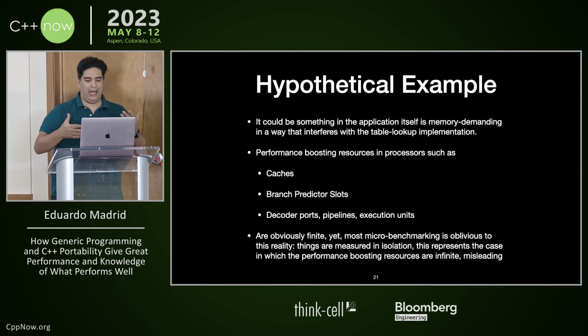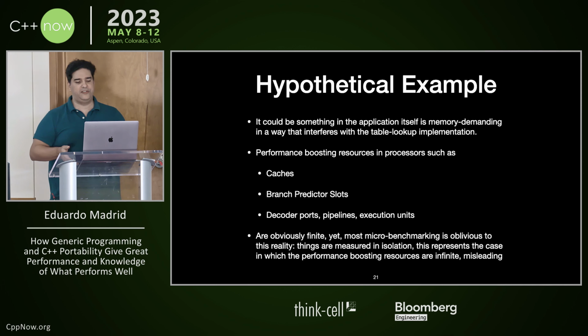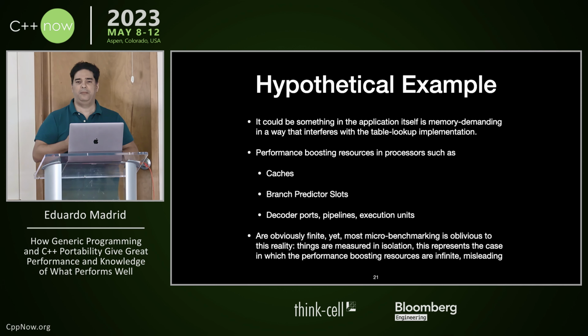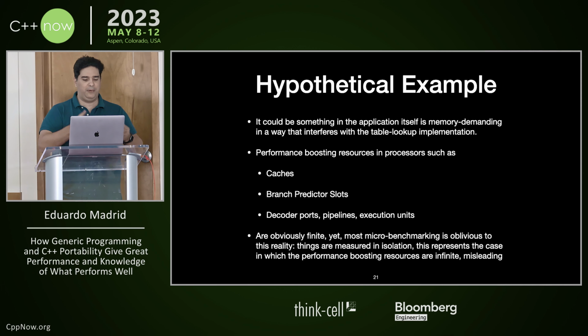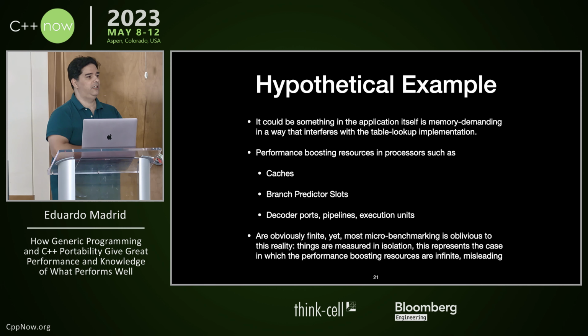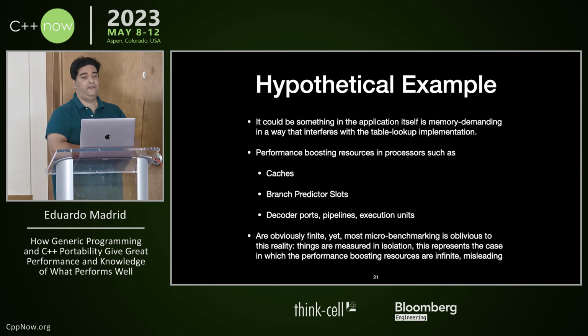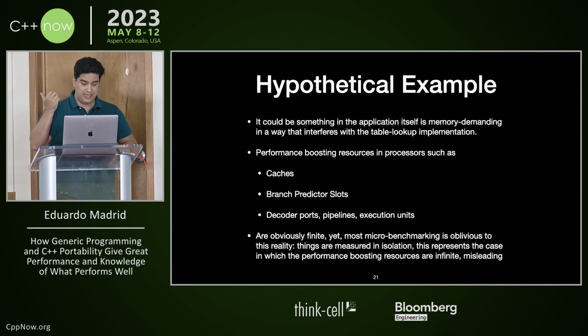So a generalization of what I just described is that the performance boosting resources in processors, I am talking about the caches, the execution units, the decoding ports, the pipelines, the branch predictor slots, which is something that gets forgotten quite often. They are not infinite. Sorry for the double negation. They are finite.